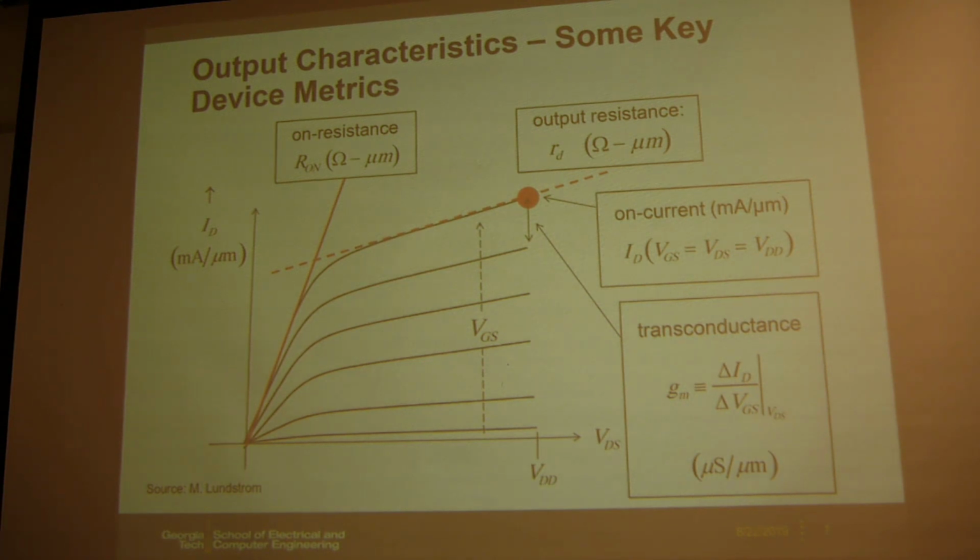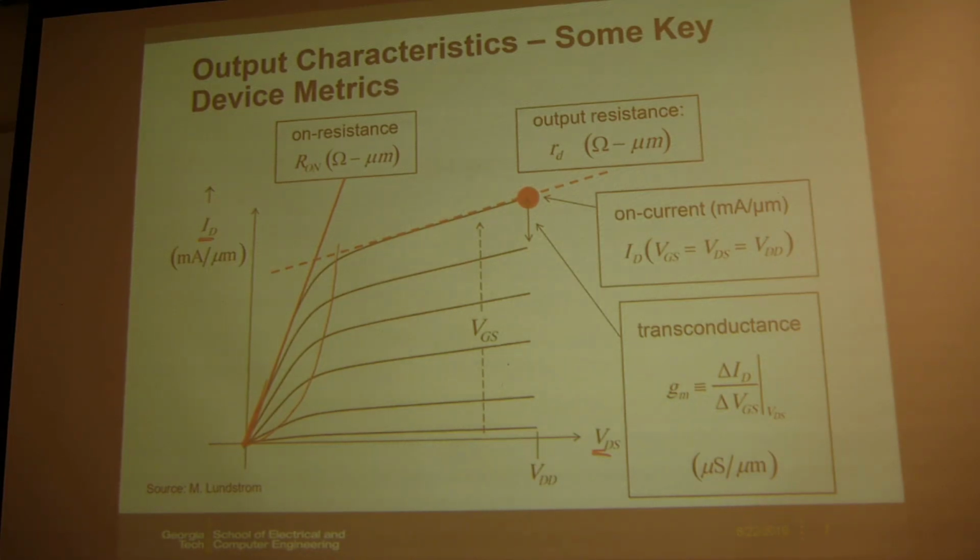So first of all, if you look at the triode region here, in the triode region, the transistor is more like a resistor when the VDS is small. So you can take the slope, because current is kind of proportional to the voltage, right?